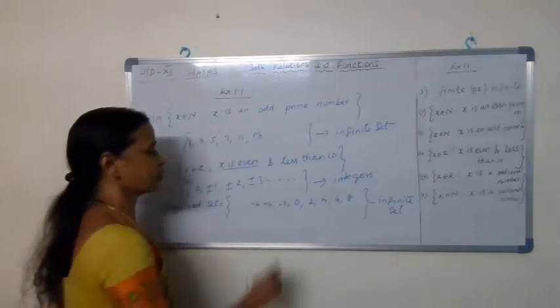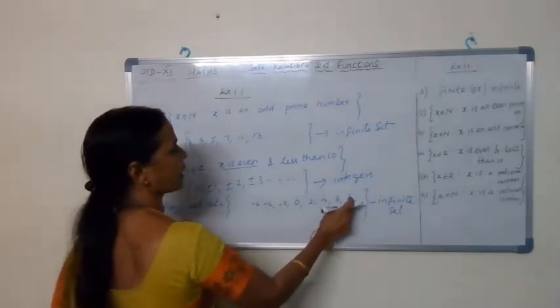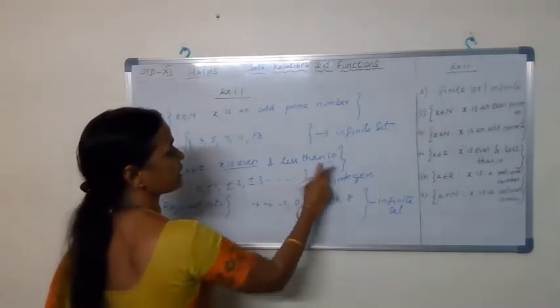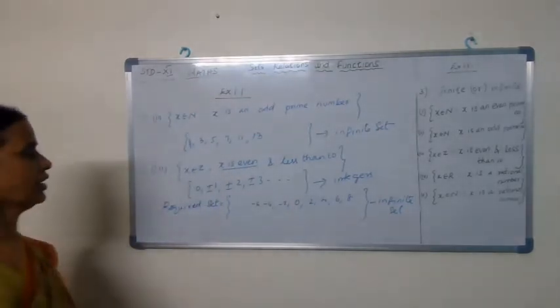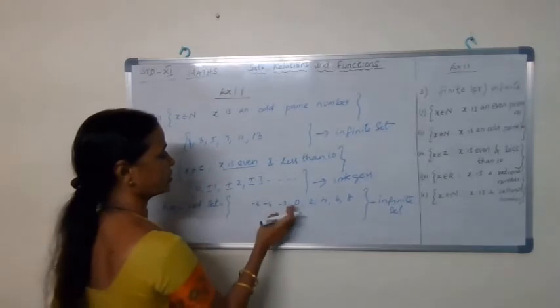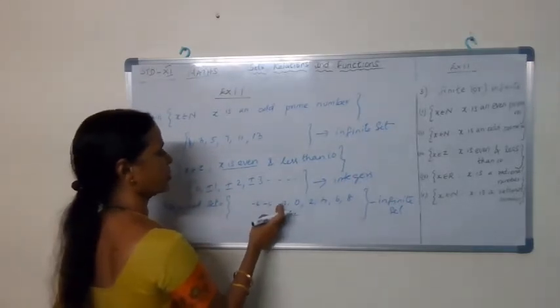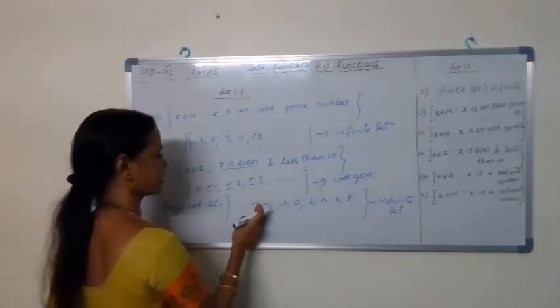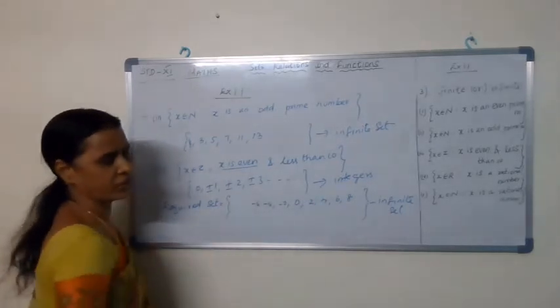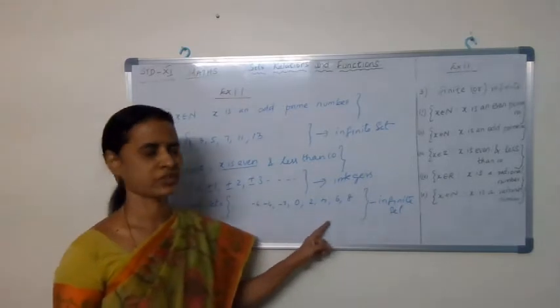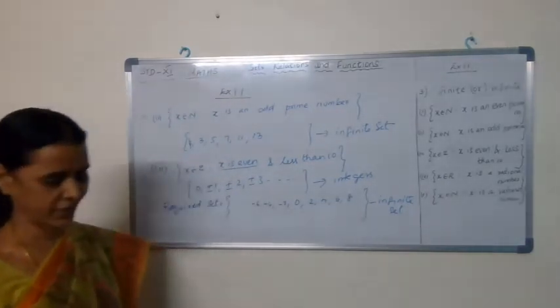Even numbers means 0, 2, 4, 6, 8. I have not considered 10 because it must be less than 10. On this side it will go on: 0, minus 2, minus 4, minus 6, minus 8, minus 10, minus 12, etc. Therefore you have uncountable values, so the given set is an infinite set.